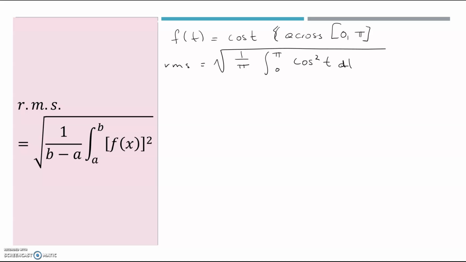Now again, go back to the earlier video on integrating using trig substitutions to do that, and you find that that's t over 2 plus sine 2t over 4.